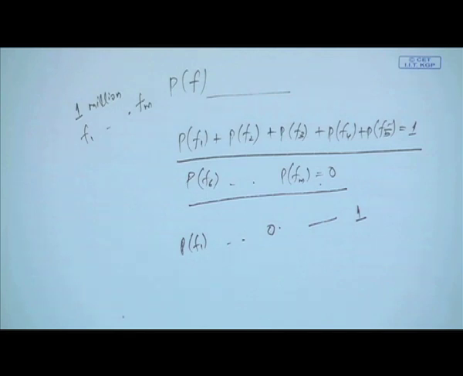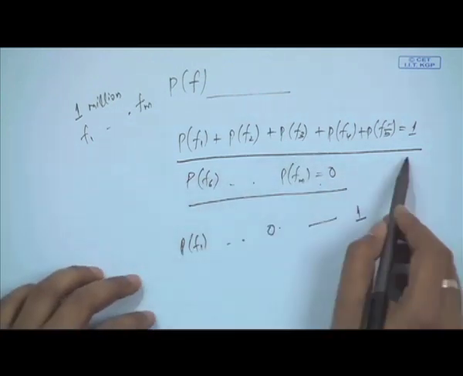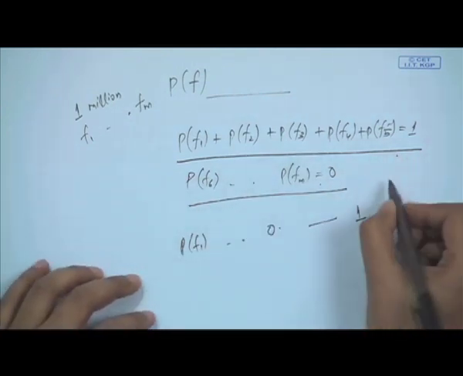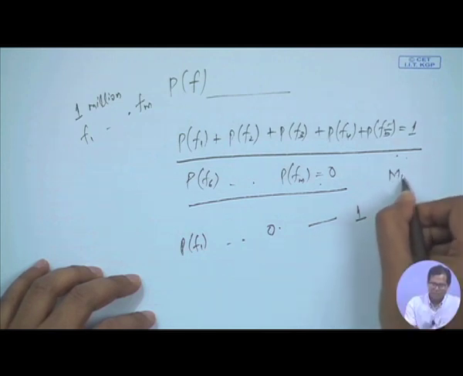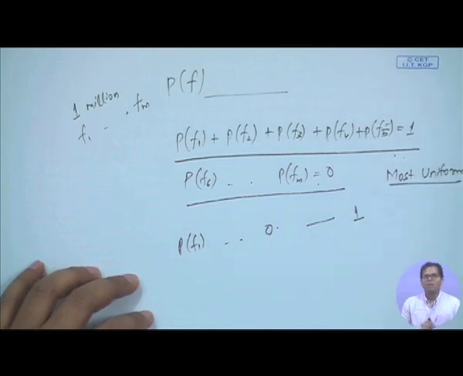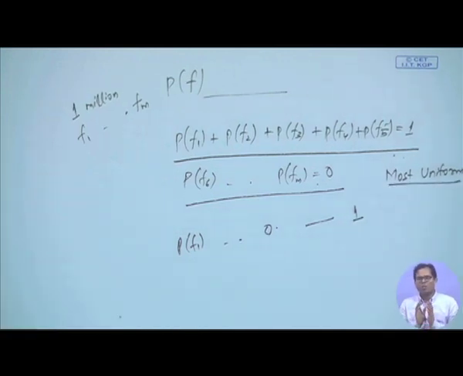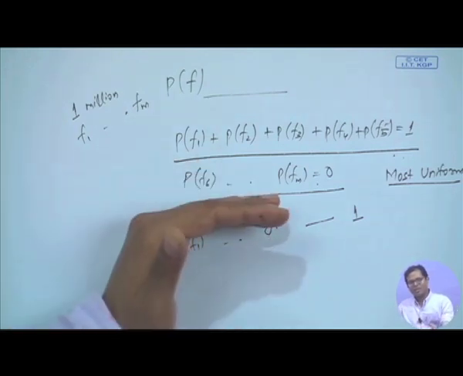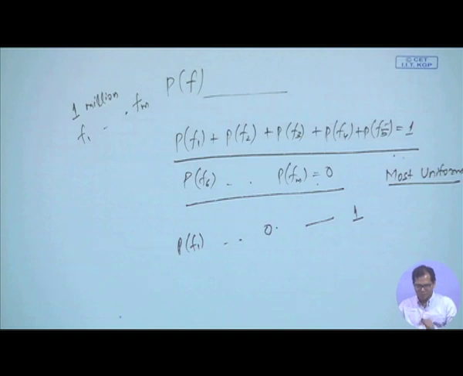So there are infinite models that satisfy this constraint. What the maximum entropy model does, among all the models that satisfy this constraint, is take the one that is most uniform. So you are not making any other assumptions. Given this constraint, take the model that is most uniform.